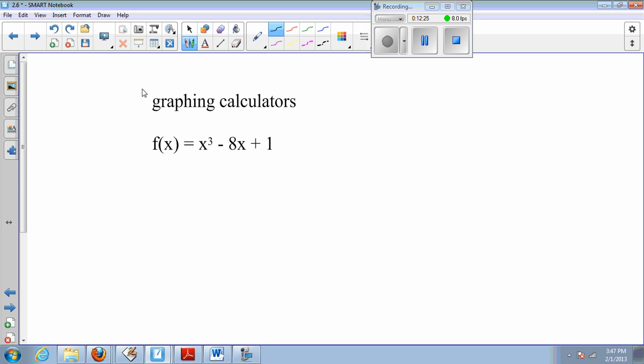So I'm opening up my graphing calculator, type in the equation. And we get a fairly large curve.